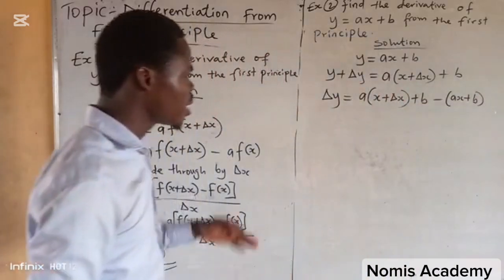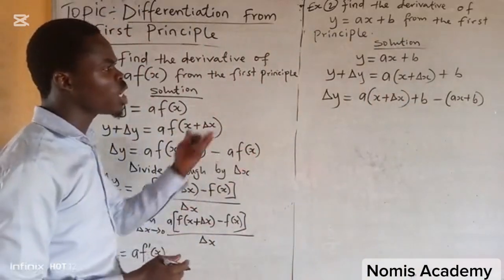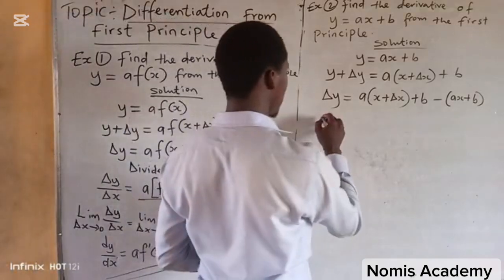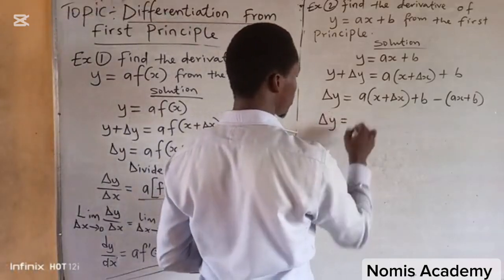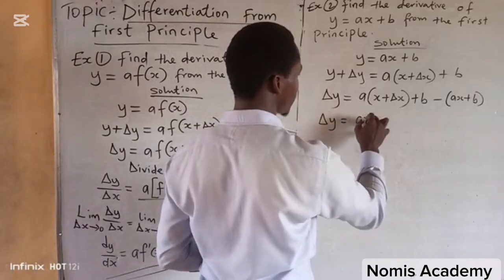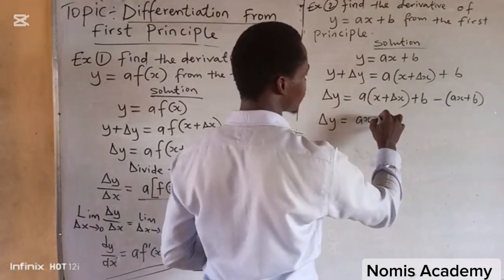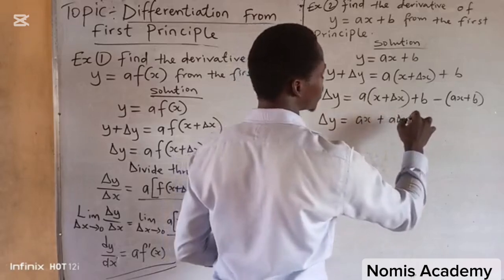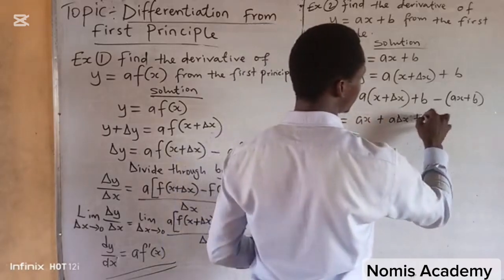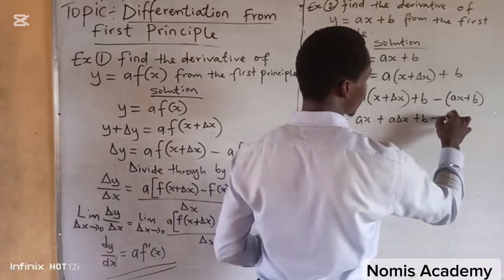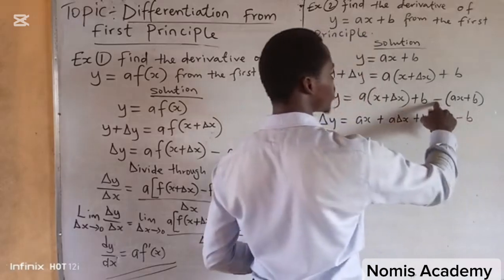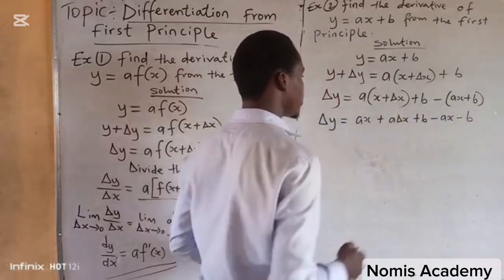So we have that. Now we need to simplify what we have in the right hand side. To do that, we have delta y, which is equal to ax plus a delta x plus b minus ax minus b. So minus multiplies everything in the bracket.